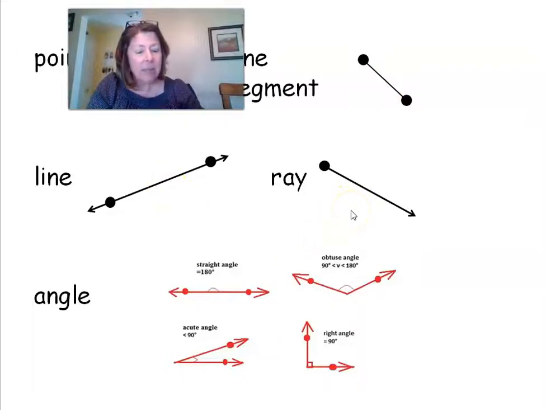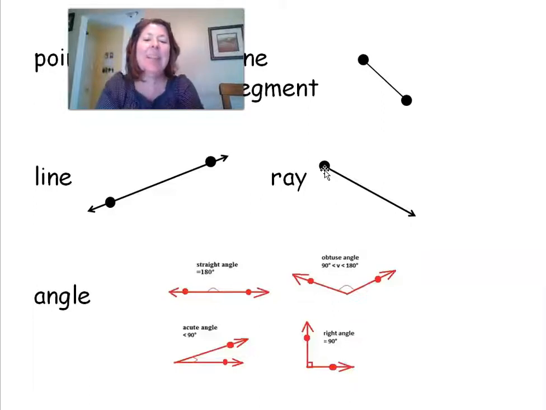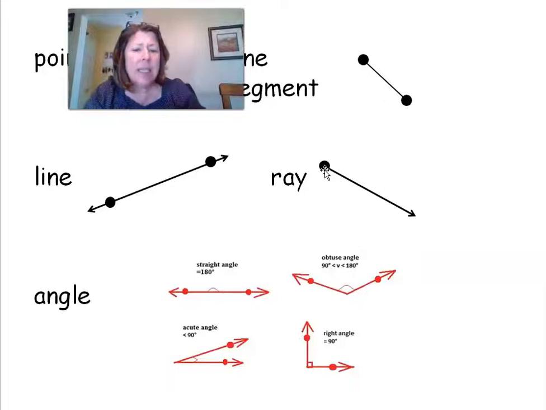Next, look at our ray. What do you notice about the ray? A ray has one endpoint. And it's always kind of funny to me that they call it an endpoint because to me, it's a starting point because I can only start here and go this way.